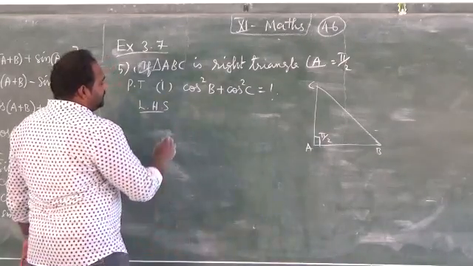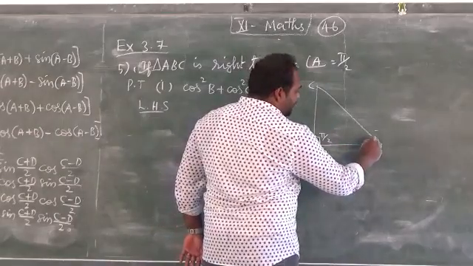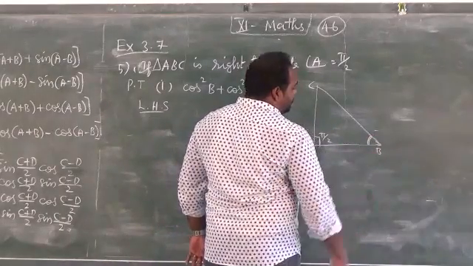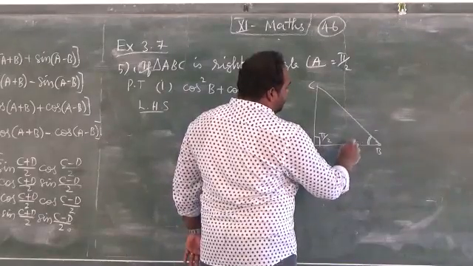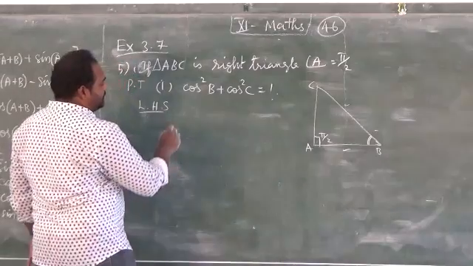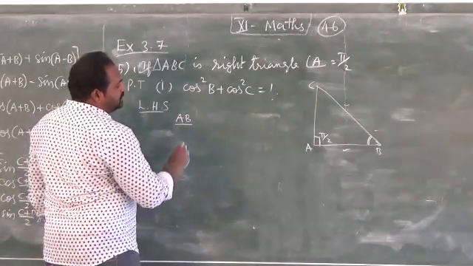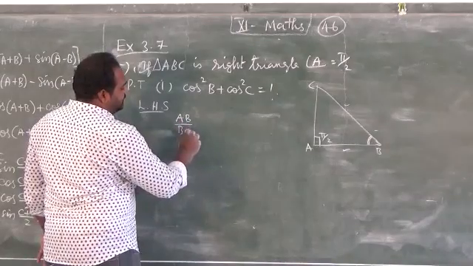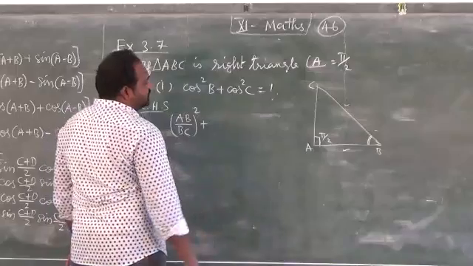First LHS side, cos square B. When you take angle as B, cos is adjacent by hypotenuse, that is AB by BC whole square, because we have a cos square, plus cos square C.